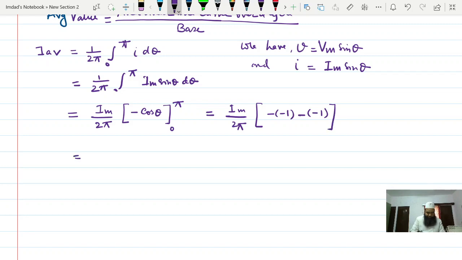This is plus 1 and this is plus 1, 1 plus 1 is 2, that is Im upon 2 pi into 2. That is I average equal to IDC equal to Im upon pi.